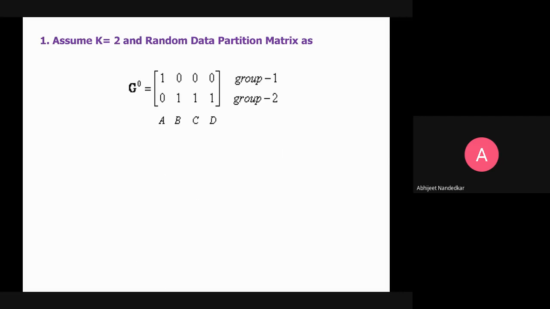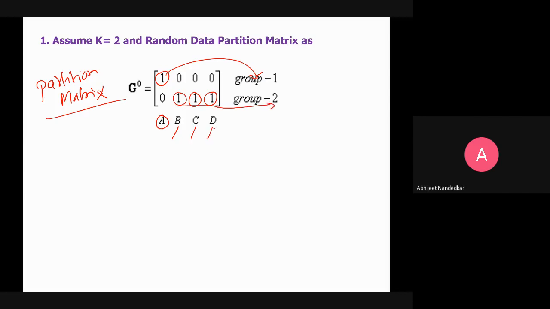Here, you see carefully how we implement it, because the problems will be based on this type of methodology. This is called the partition matrix. So G0 is the partition matrix, and the entry 1 here means that sample A belongs to group number 1. Entries 1, 1, 1 here mean samples B, C, D belong to group 2.